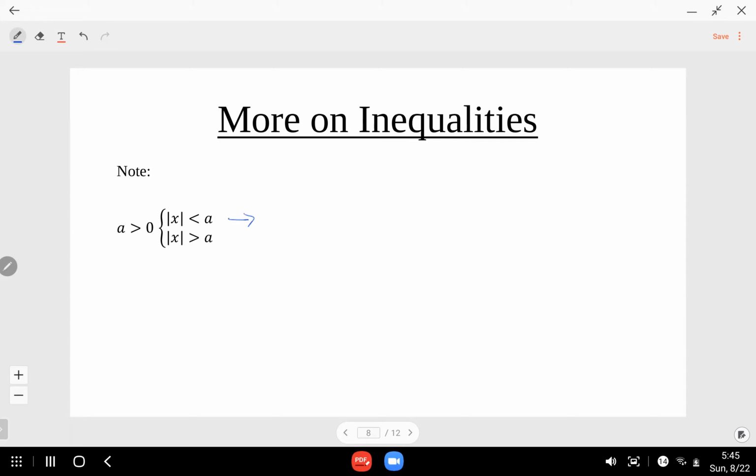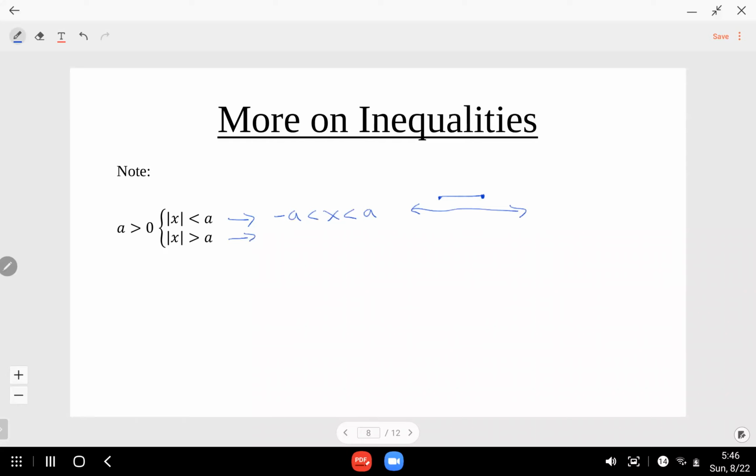If the absolute value of x is less than a, that means that x is less than a and it is greater than negative a. So you get this. On the number line, it is an interval, right?